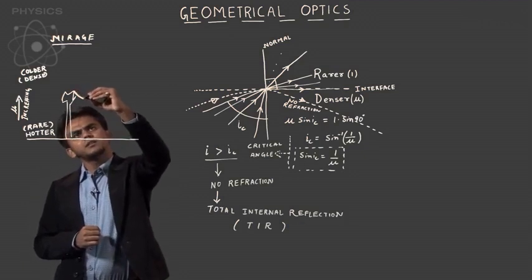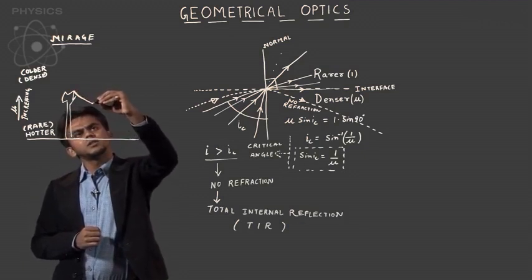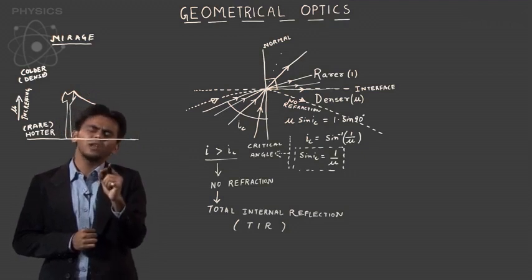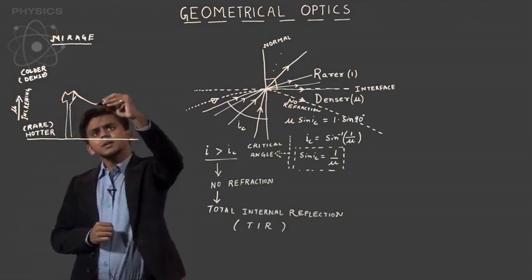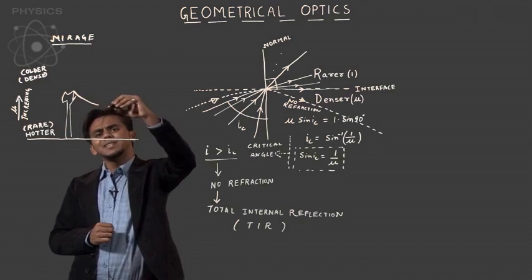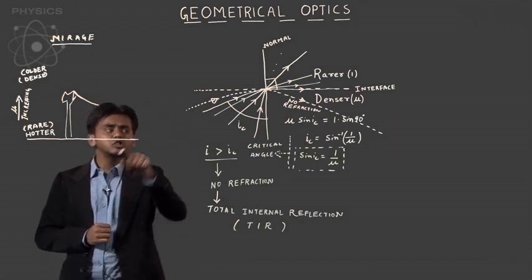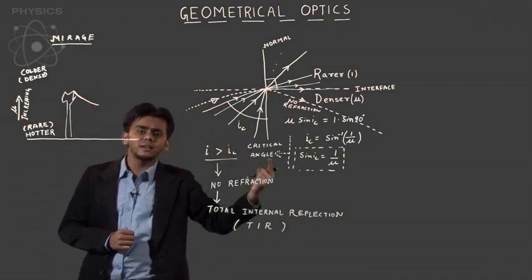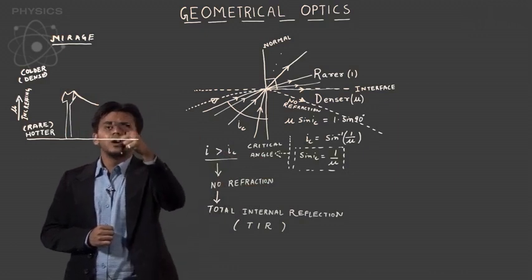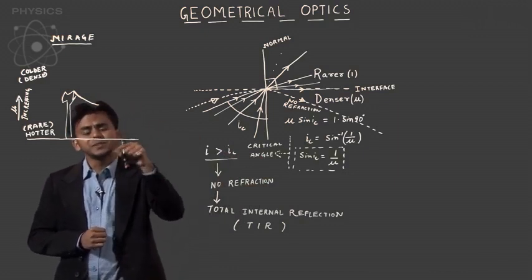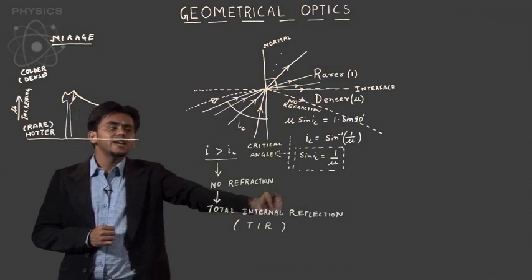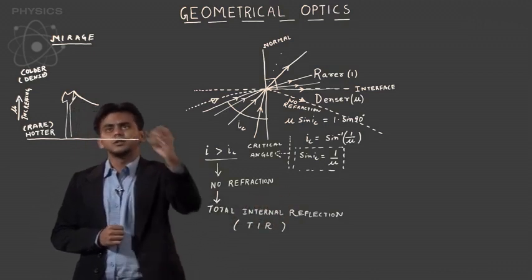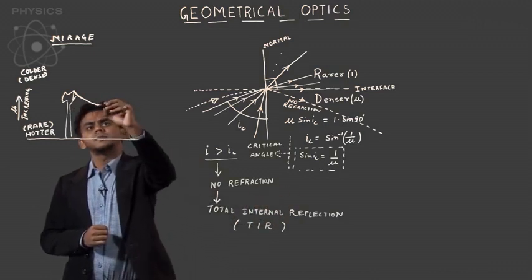So it would bend towards this. And at a particular point, this angle of incidence would reach the critical angle. After that, this ray would not suffer any refraction. It would simply suffer TIR, total internal reflection. And this ray would go like this.